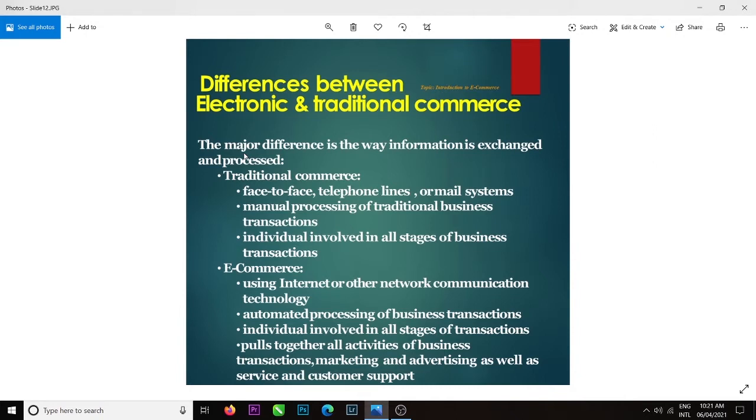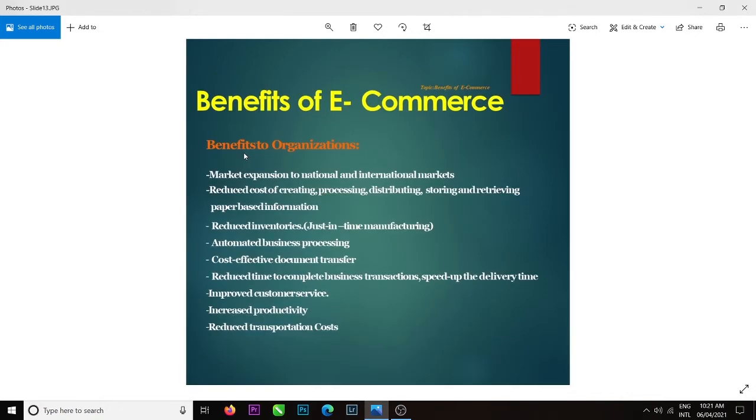In traditional commerce, more human beings or human capital is invested, and in electronic commerce, less human force is involved. Individuals and transactions of business all take place through the internet in e-commerce.